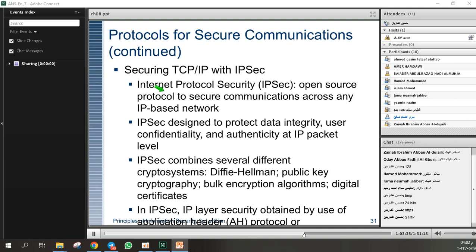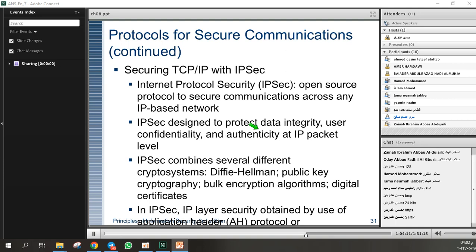SSL is a layer 4 protocol. WEP and WPA are layer 2 protocols, but IPsec is a secure protocol at layer 3. We can use IPsec to protect data integrity, confidentiality and authenticity at the IP packet level at layer 3. That is great. Integrity, confidentiality, and authentication.